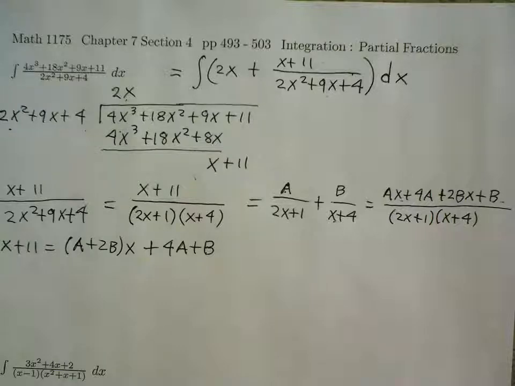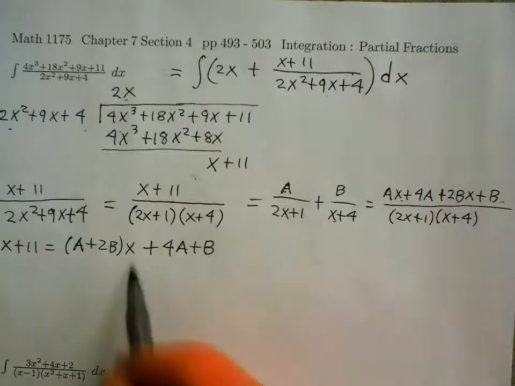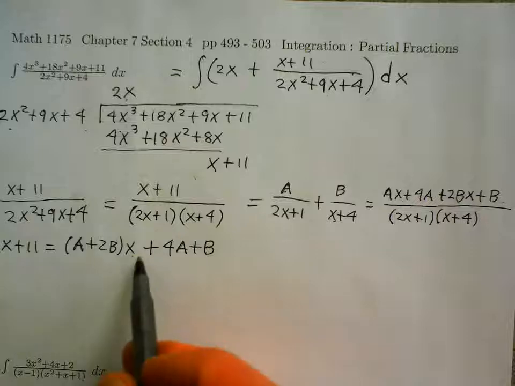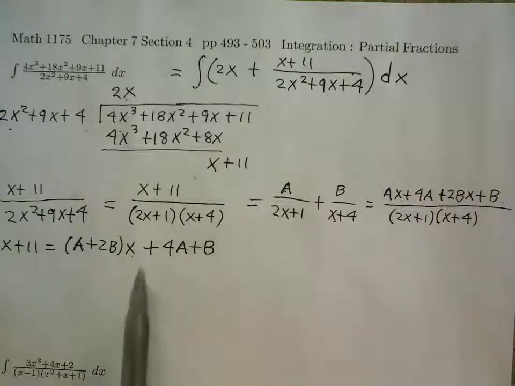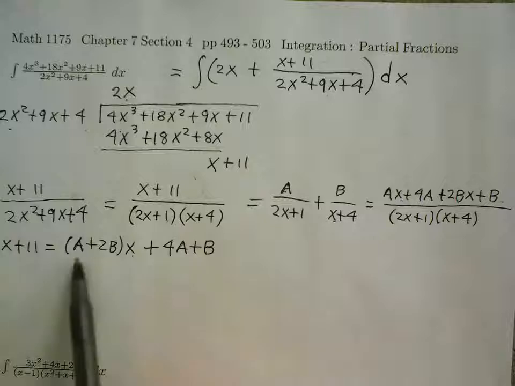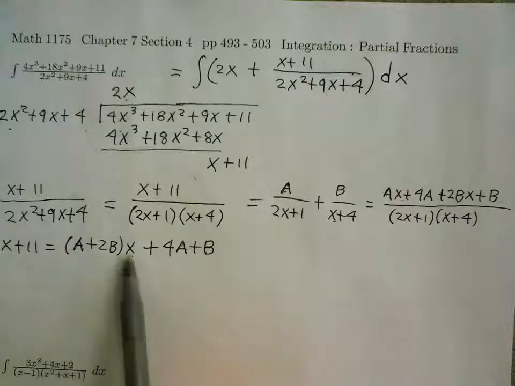Okay, a plus 2b equals 1. That's one of them, the coefficient of x. In general, if two polynomials are equal, then the individual terms have to be equal. So 1x has to be equal to a plus 2b times x.